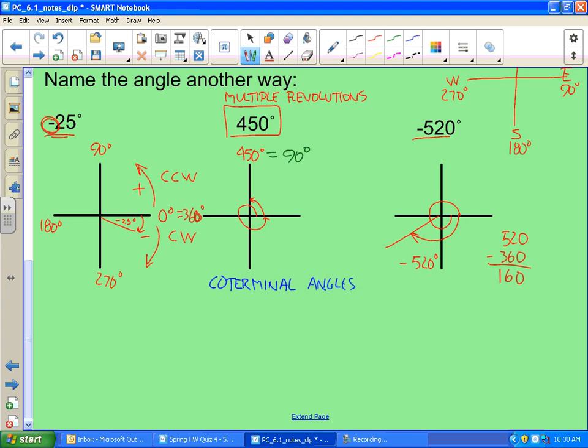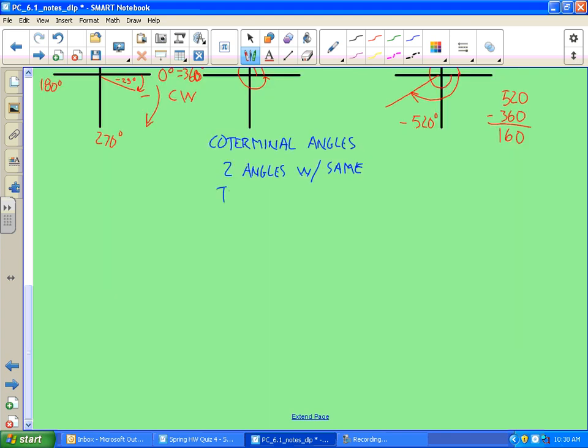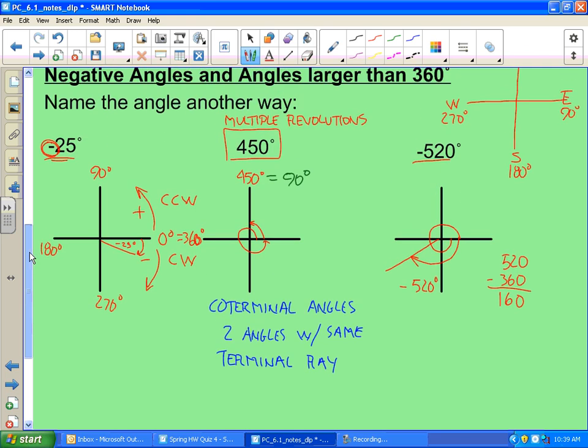So you can see there's multiple answers for all of these. Two angles with the same terminal ray. So again, 450, 90, coterminal angles. One of them went around multiple times. One of them went around just 90. I could also say the negative 270 is coterminal, because that takes me in the negative direction back to the same spot.